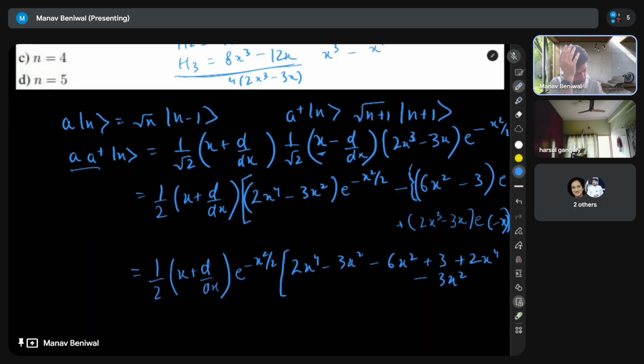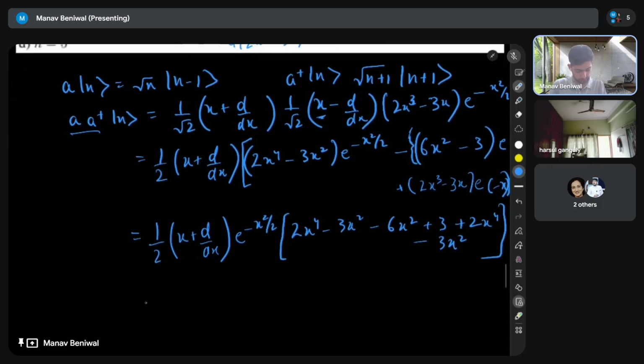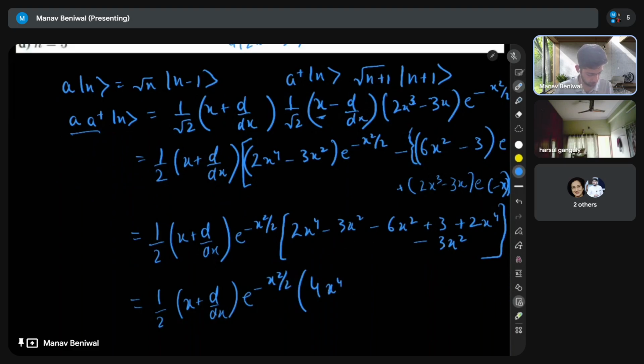Because we have one minus sign here and one minus sign here. So we have this term, let me write this: e to the power minus x squared by 2, so this will be 4x to the 4, minus 3, minus x, minus 3, minus 12x squared plus 3.